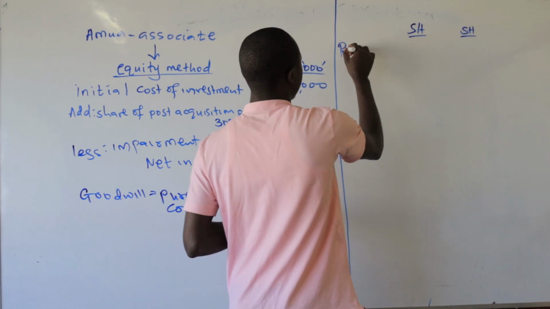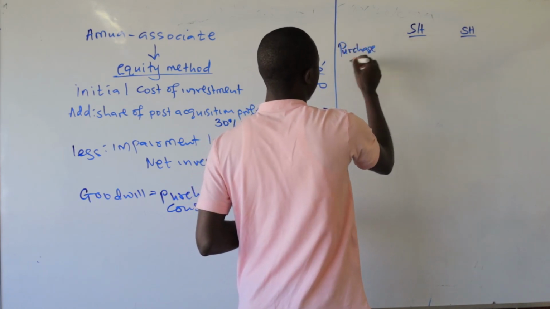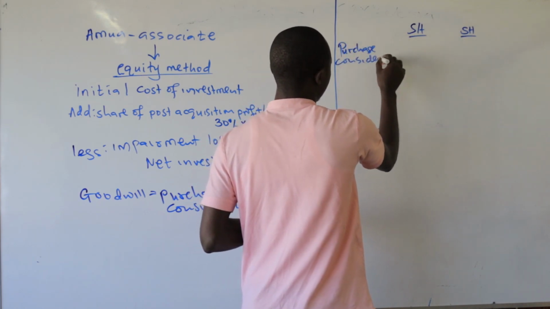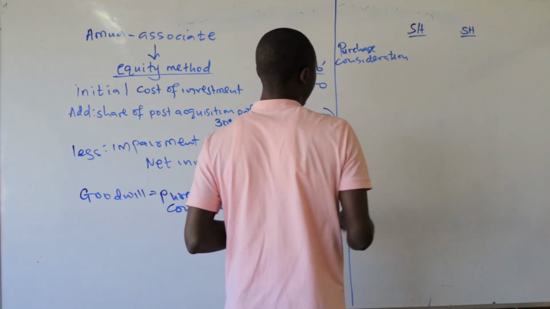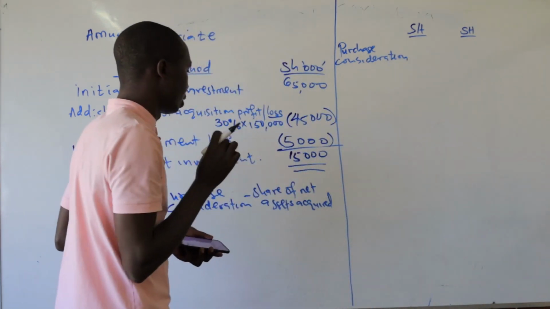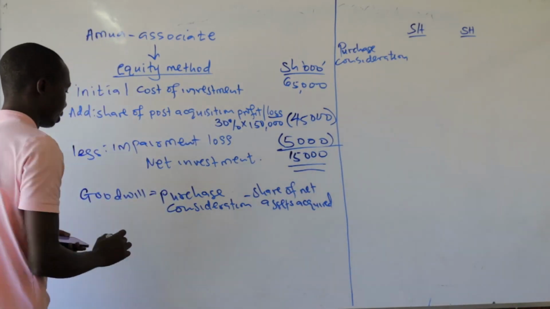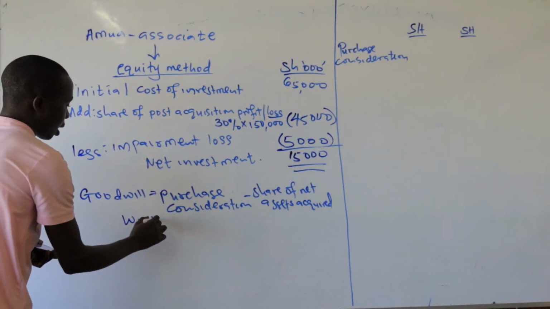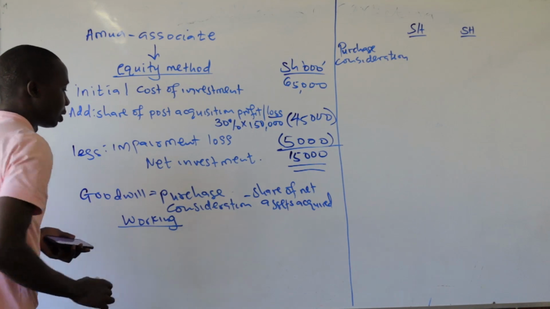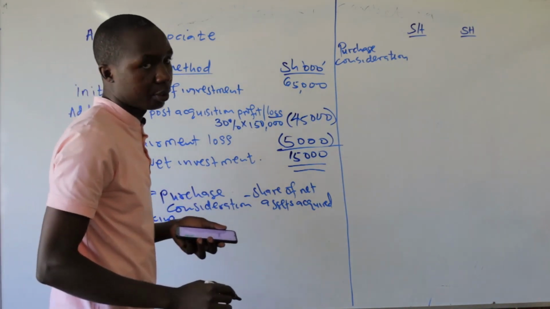So you start from the purchase consideration, of which now the purchase consideration was never provided direct. So that is the first working I could have done to determine the purchase consideration.